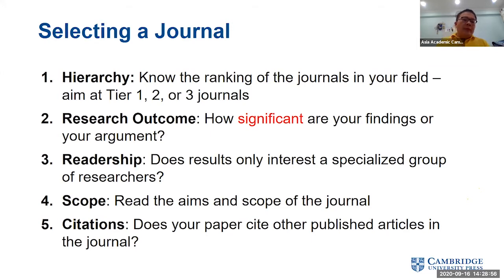Then you look at the citations. Does your own paper cite other published articles in the journal that you want to publish in? Do not cite the other published articles just because you want to publish in that journal. You only cite them if they are relevant to your research.